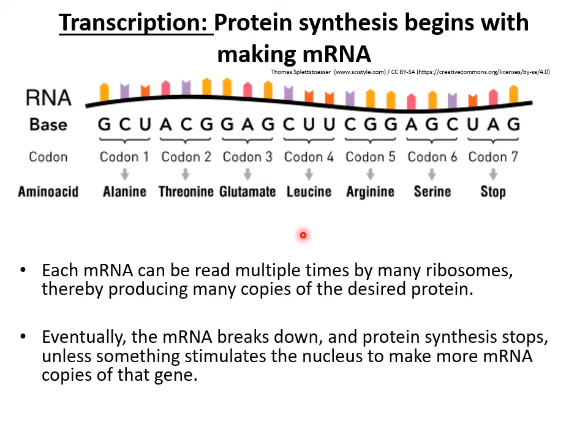This is very important because if you have a start signal where you produce an mRNA, you have to be able to turn off that signal and stop making the protein. So the mRNA gradually degrades and the protein will stop being made at that point unless the cell restarts the process with new mRNA.